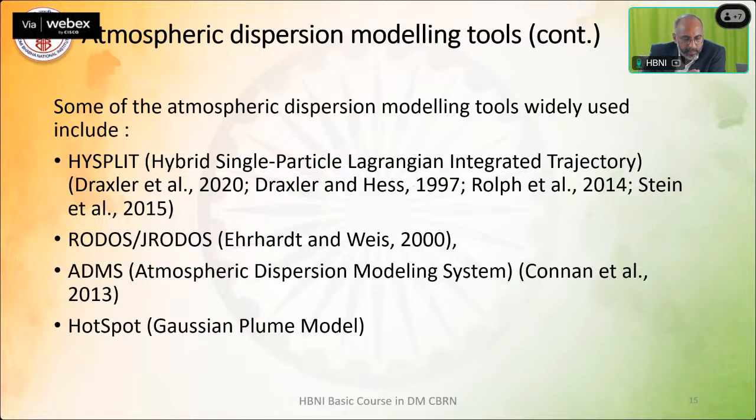And there are hybrid single particle Lagrangian integrated trajectory models, HYSPLIT, and RODOS, the real-time online decision support system, dispersion dose estimation models, and the atmospheric dispersion modeling system, ADMS, and HotSpot. HotSpot is a tool that uses a Gaussian plume model.